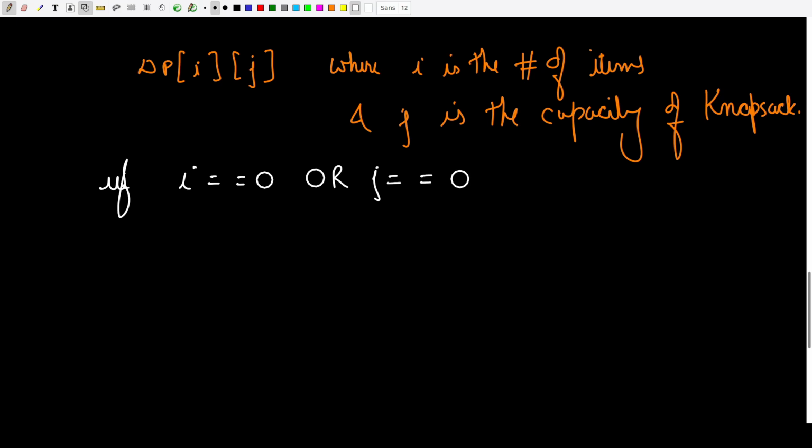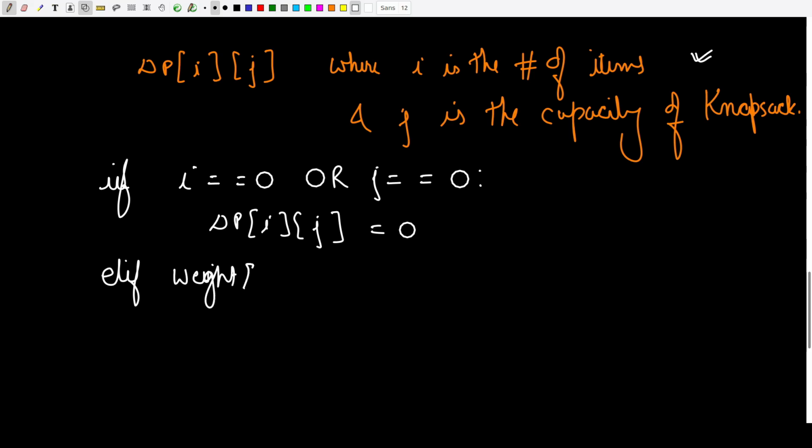So if either I is equal to 0 or j is equal to 0, then dp of I comma j will be equal to 0. Otherwise, we are going to check whether we can put the ith item in the knapsack or not. So for the ith item to be put into the knapsack, the weight of the ith item should be less than or equal to the capacity of the knapsack.